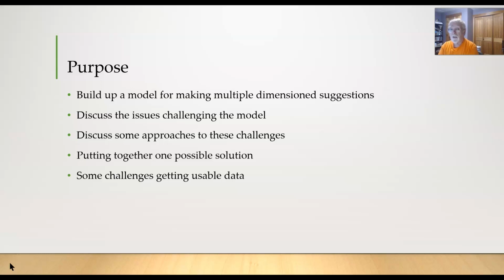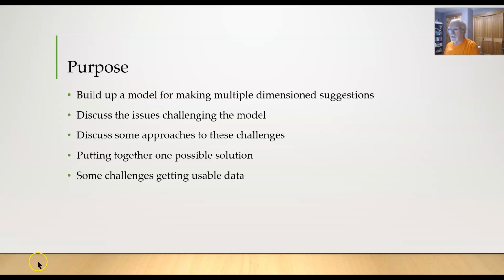It's x + y = z, and x and y can be many things. So it is a bit more abstract, putting things together in terms of one solution, look at some challenges, getting usable data, and then at the very end we are going to do a walkthrough of an actual example using the system which we have developed, which seems to be producing reasonably good results.